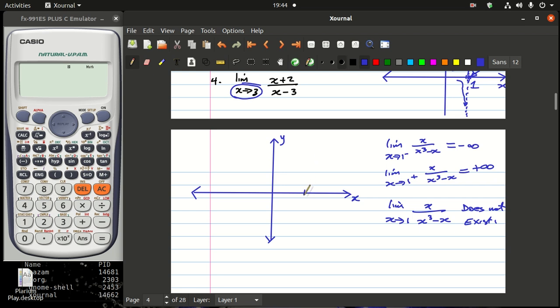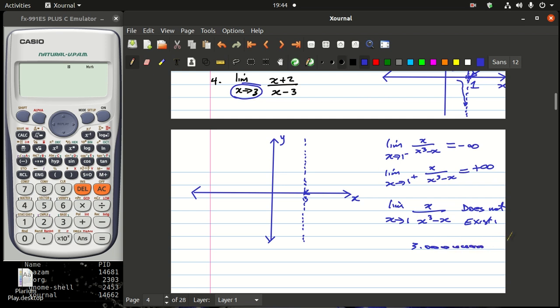When x is equal to 3, you draw a vertical asymptote at that value. Once you draw a vertical asymptote, everyone should be happy now, because all you need to do is pick a value just on the right of 3.